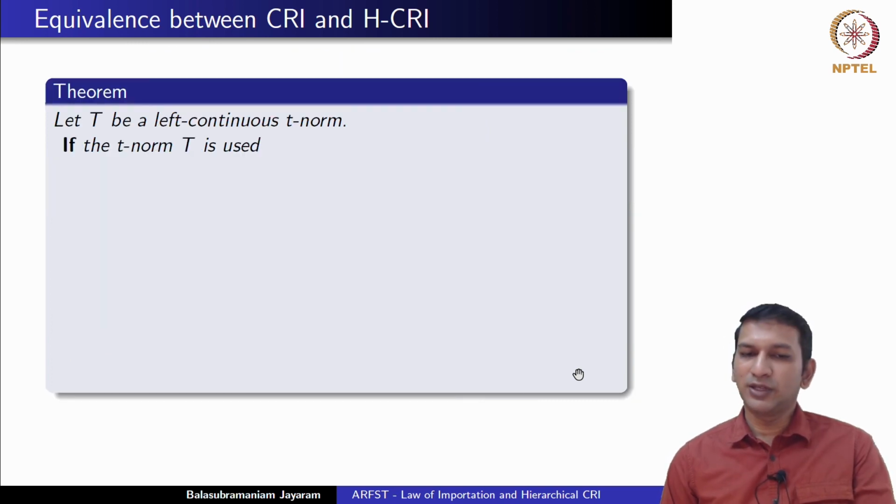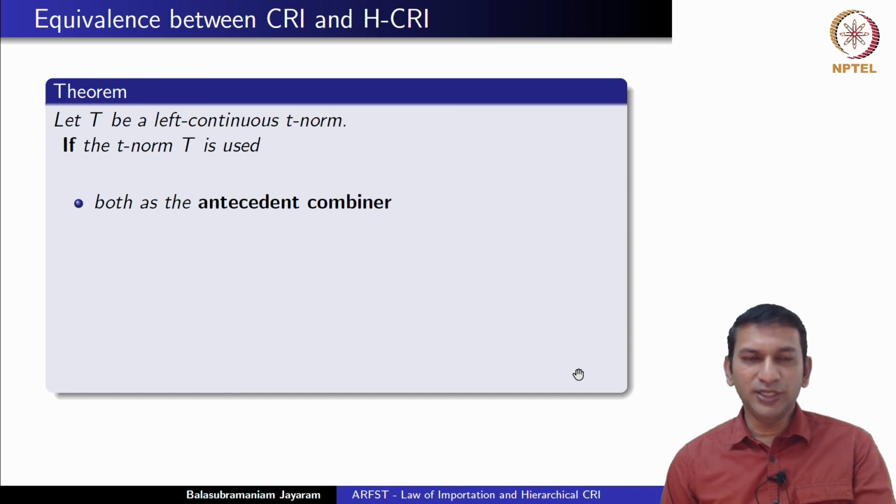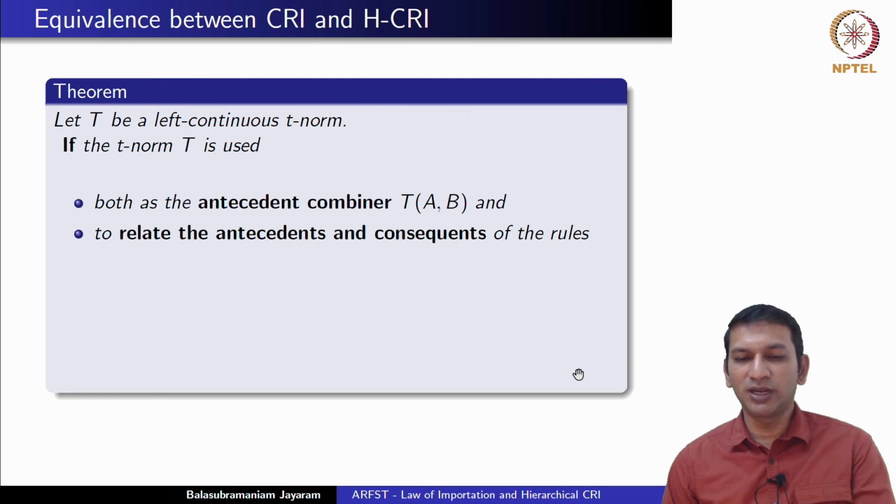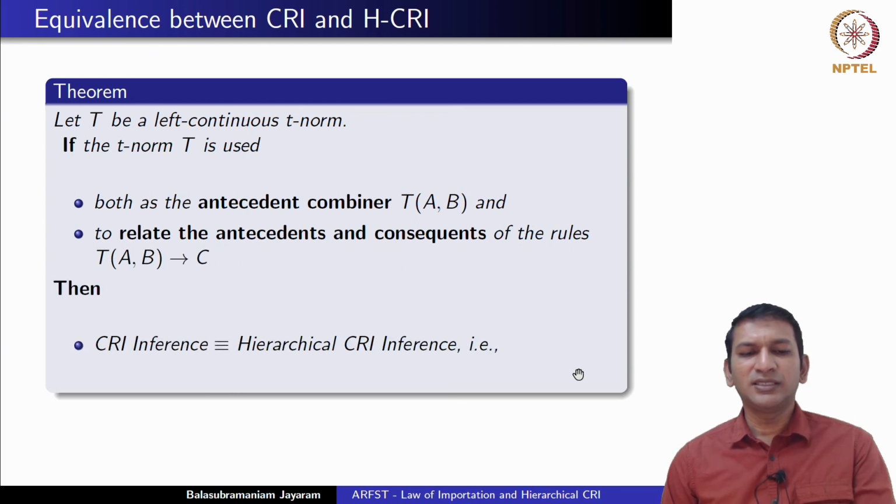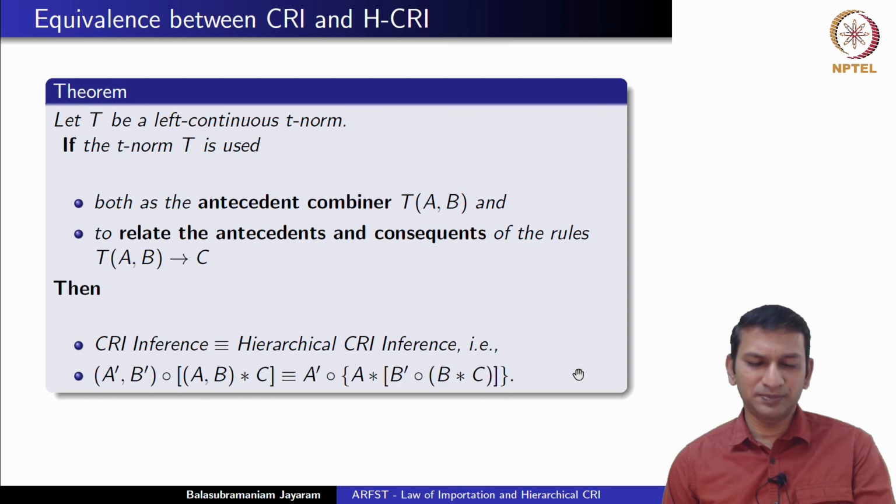Well, then essentially by using the associativity of T norm, which is like the law of importation with I substituted with T, we see that we could use the same T norm as the antecedent combiner and also to relate the antecedents and consequence, which is more like the R check rule. We see that CRI and hierarchical CRI inferences are in fact equivalent.